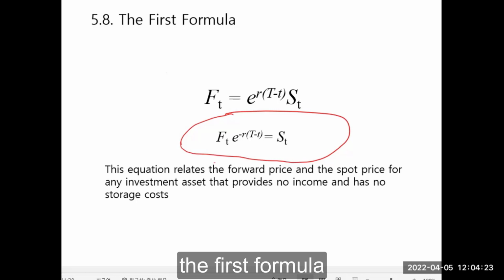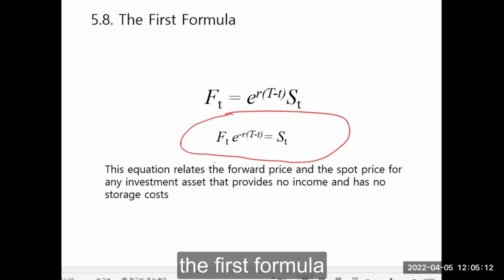We are comparing two alternative things to do. One is buying something in the spot market. So this is the cost of buying something in the spot market. The other side is alternatively buying the same thing in the forward market. And this part represents the cost of buying this thing in the forward market.